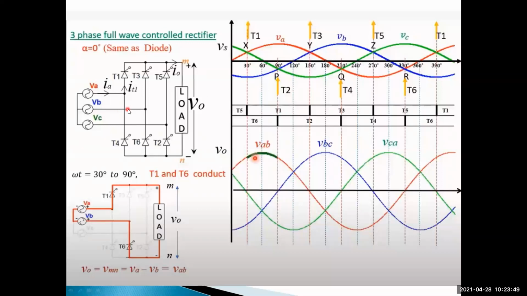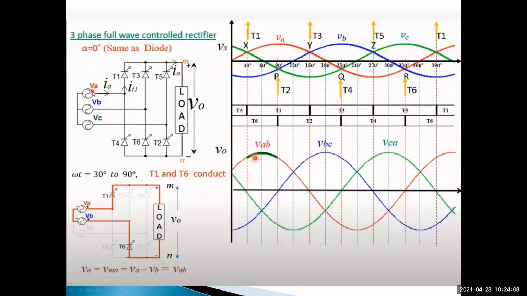That's why this is the conduction of current, flowing into the load, which is the separately excited DC motor.